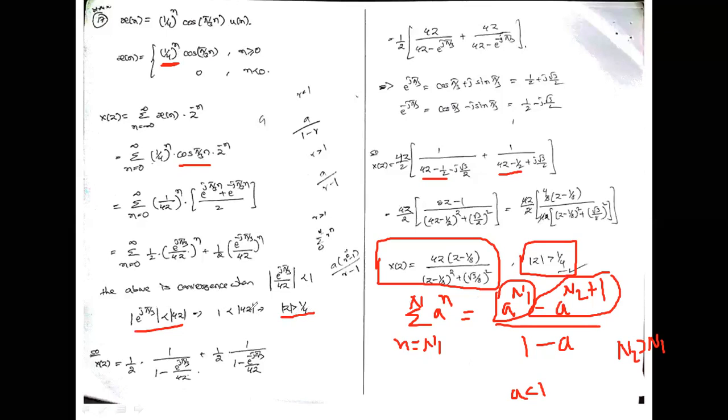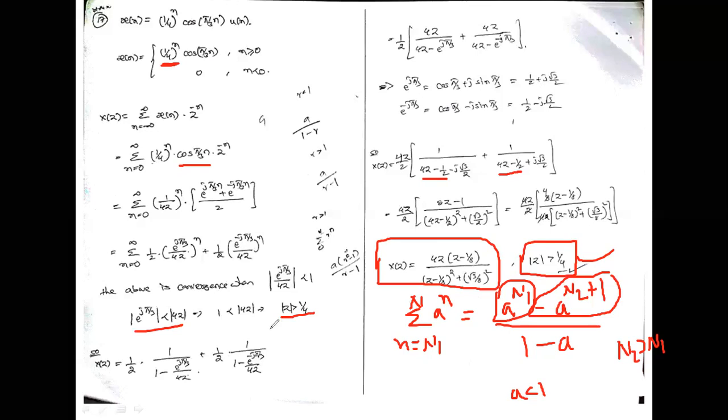So 1 is less than 4z, or z is greater than 1/4. Checking these two functions, the ROC is z greater than 1/4, which is 0.25. So 0.25 for this function, and this function is 0.5 plus j√3/2.